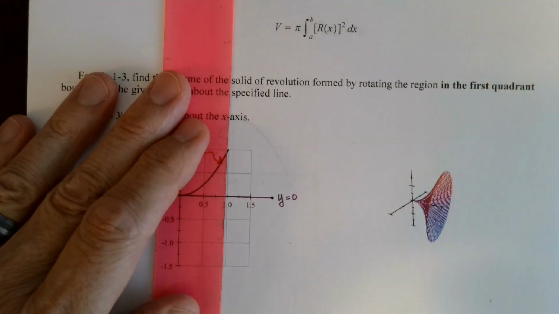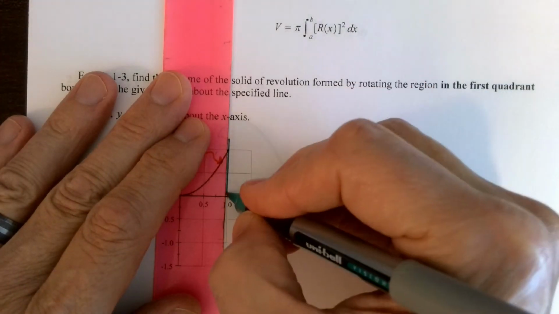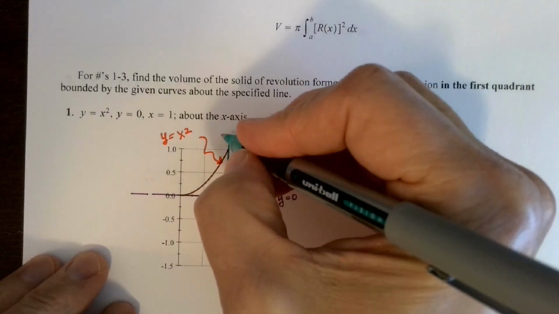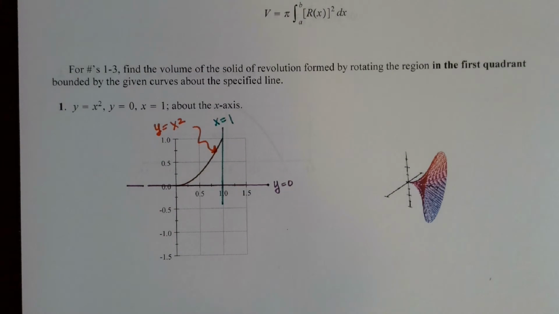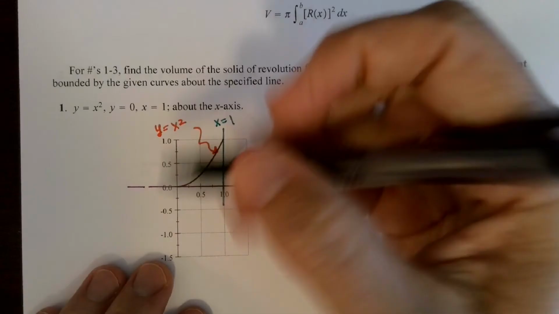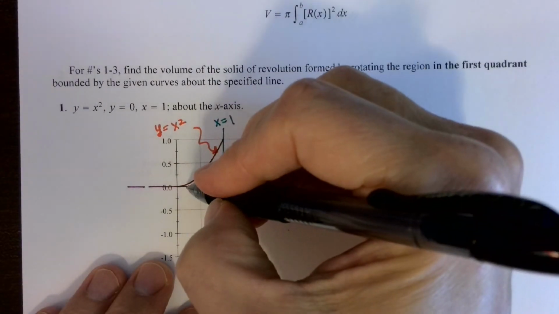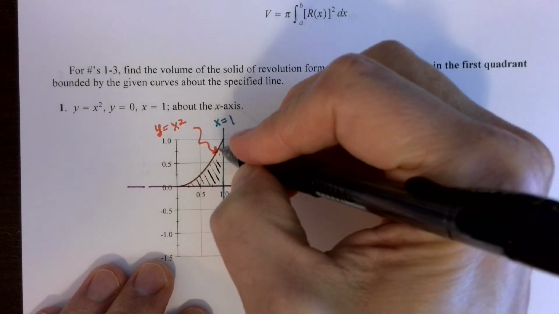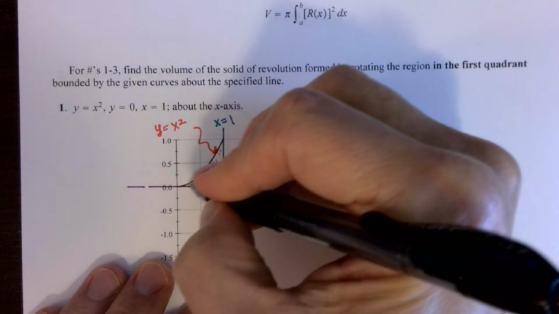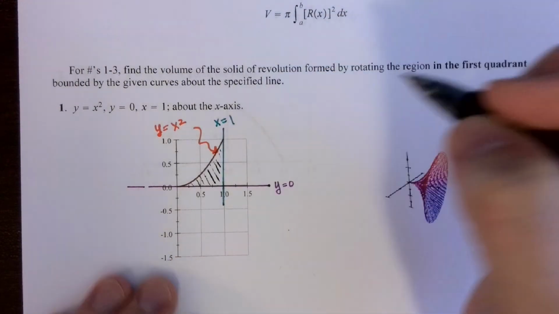We'll do a different color for that. So that's x equal 1. And do we see the region we're talking about bounded by these three curves? Well, yeah, it's this little near triangular region. It's not a triangle because of this curve, right? It's not a line segment.